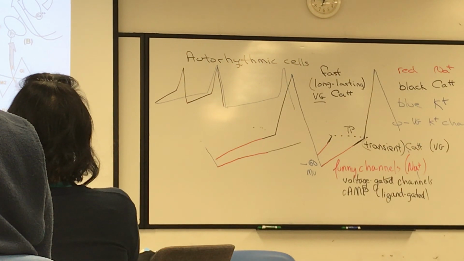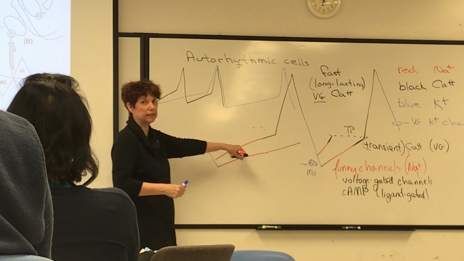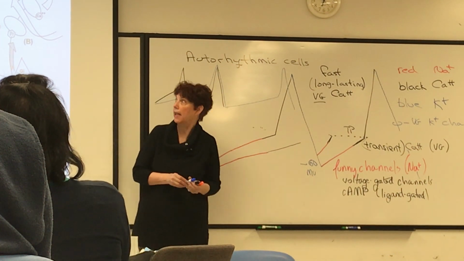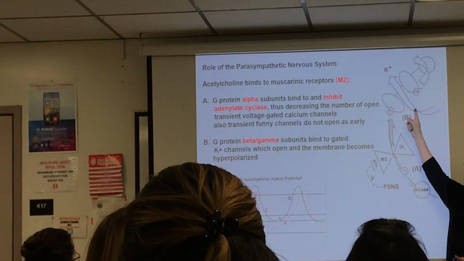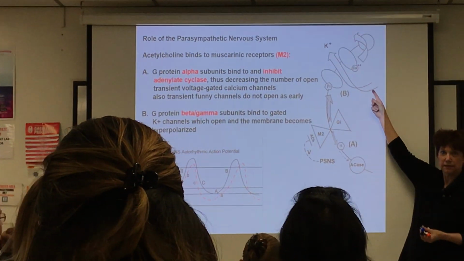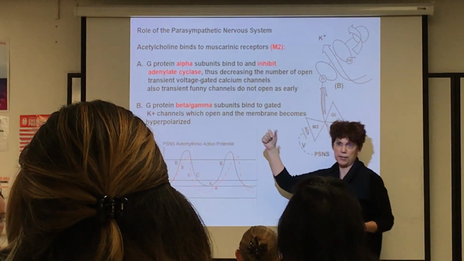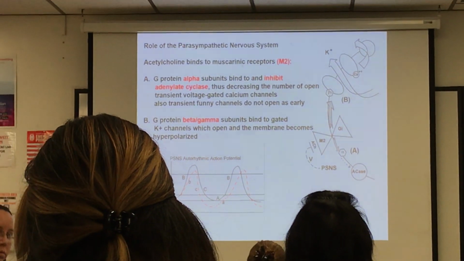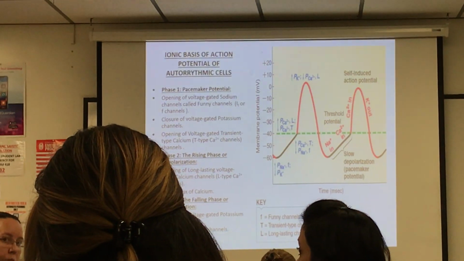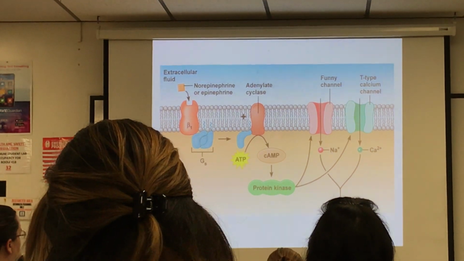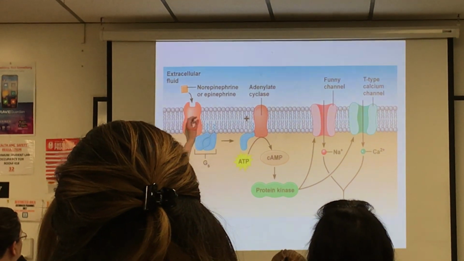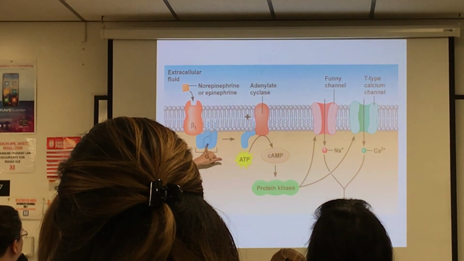So we don't have that on here because we don't have potassium channels in our normal component, but because of the beta and gamma, it opens potassium channels. Maybe this is where the beta and gamma came from, I guess. Our G protein. Let's go back to my diagram for acetylcholine, which is actually another lecture, but if we change this from norepinephrine to acetylcholine, remember we have 3 subunits.